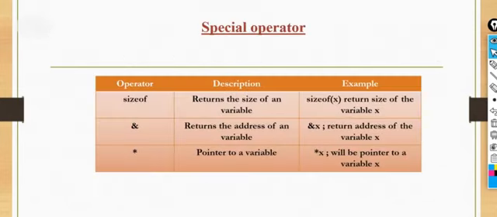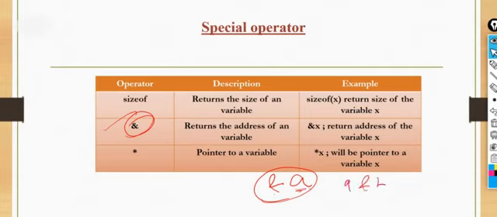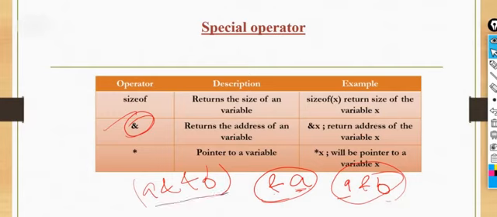Okay. So some special operators are there, like the and symbol. If you use a single and between two variable names, it will act as the bitwise and operator. If you use the two ands between two variables, it will act as the logical and.